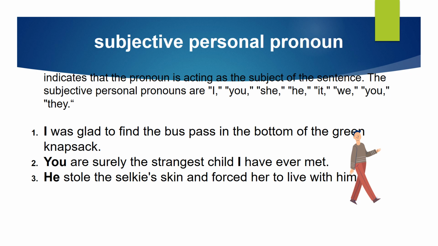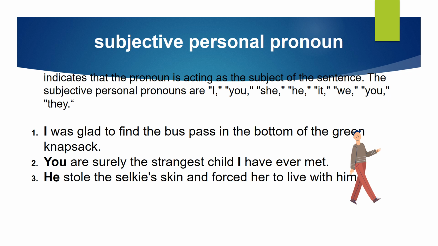The subjective personal pronouns consist of I, you, she, he, it, we, you, they. In the following sentences, each of the highlighted words is a subjective personal pronoun and acts as a subject in the sentence.